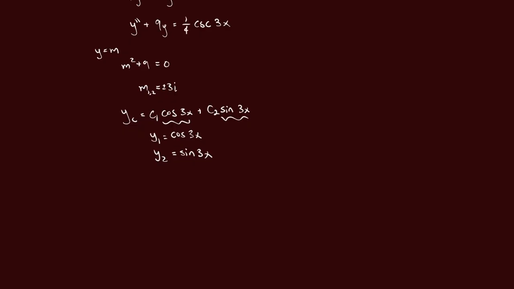So we're going to do variation of parameters. We have w, which is a matrix, and inside the matrix is y1, y2, the derivative of y1 and the derivative of y2, and we have to get the determinant from here. So let's find y1 and y2.